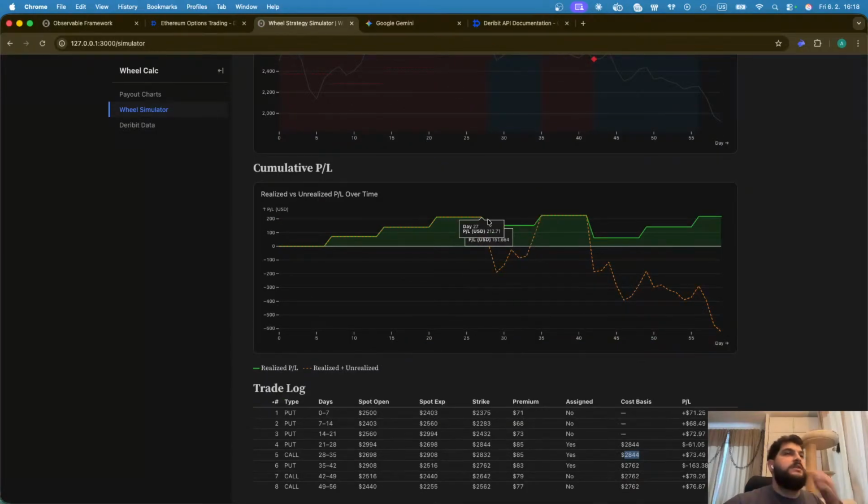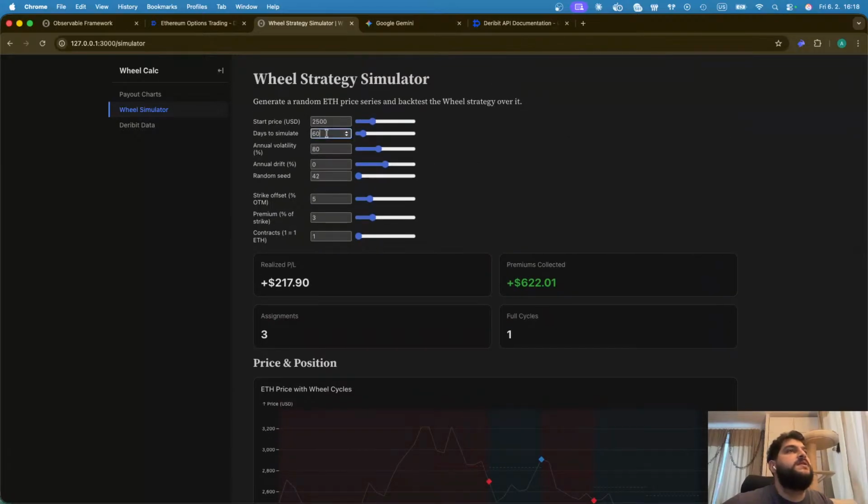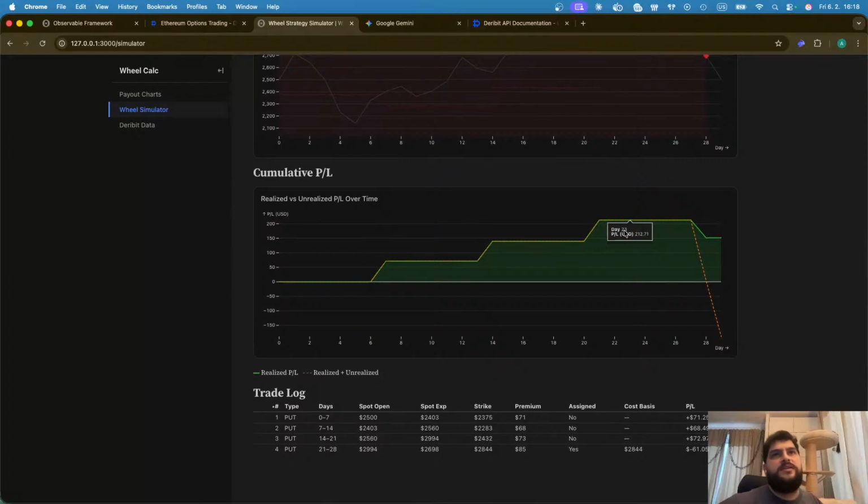Oh, I actually haven't checked this chart before. Let's go back to 30 days. This is a P&L chart, right? Cumulative. So here we can see how many premiums you got, or what is it?